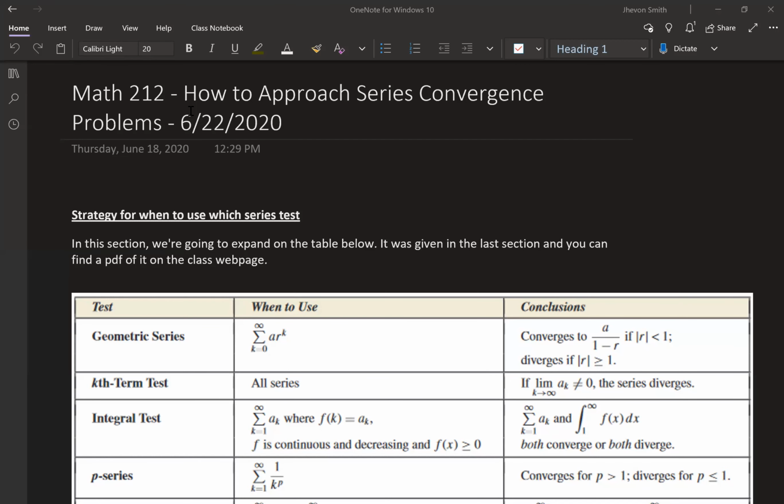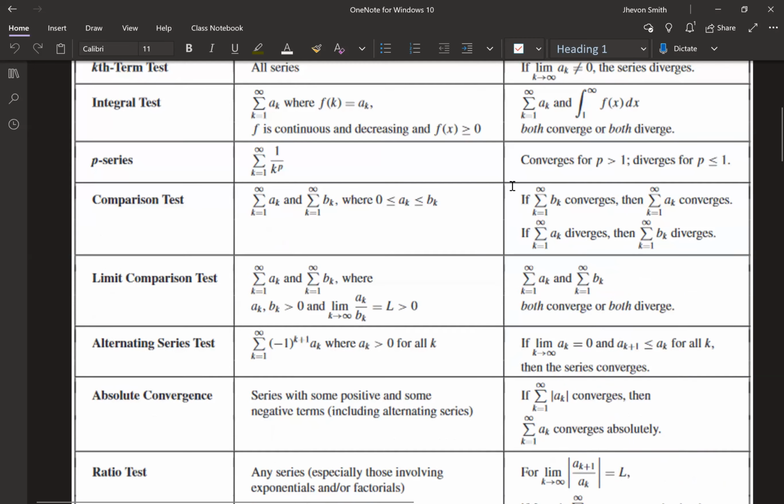All right, let's do a quick recap just to see what were the important ideas from last time. One important idea is how to approach series convergence problems. If I give you a series and I ask you to determine whether or not it converges, determine whether or not it converges absolutely or conditionally, that's a little bit different.